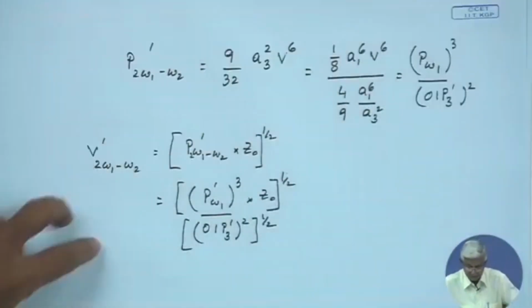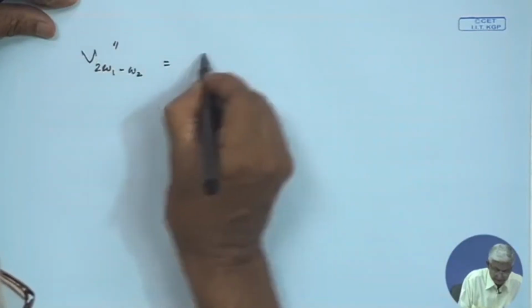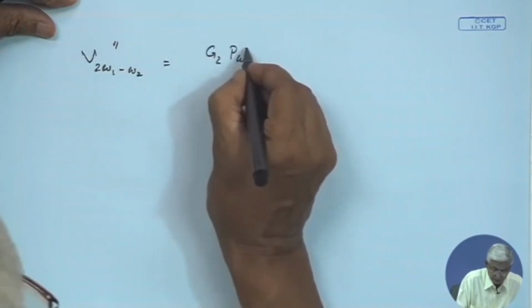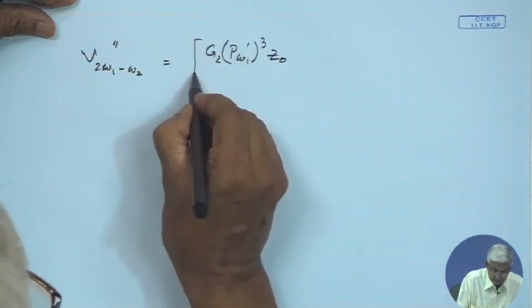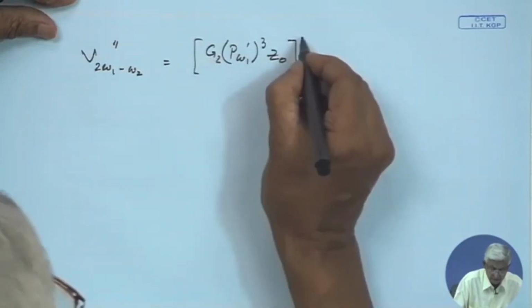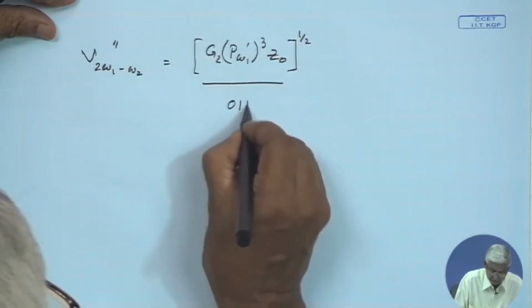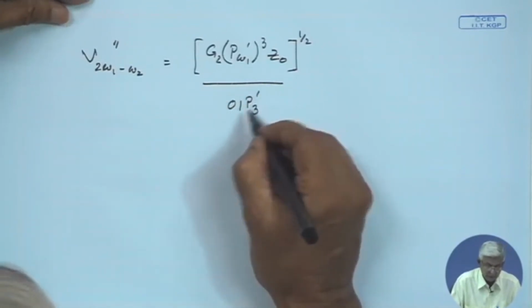So, we can write the whole thing like this: V 2 omega 1 minus omega 2 double prime is equal to the gain times P omega 1 cube Z naught, and since the gain is a power gain, it has gone inside the root, so this is to the power half, and that half has reduced OIP3 prime, since the square was there, so that root gets cancelled.